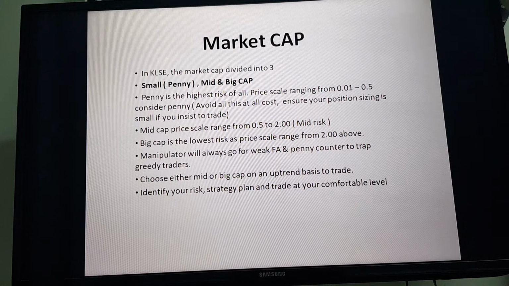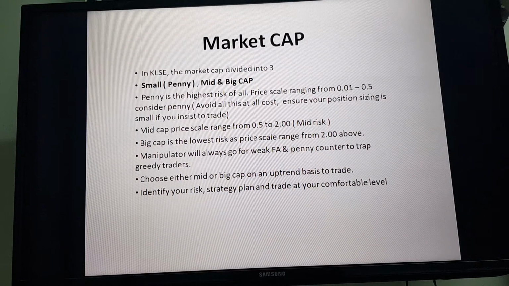I believe there's a lot more to earn on the mid and big cap, so that's why just choose mid and big cap. Penny, you can play, but insist your position sizing is quite small. On mid cap, the price range should be about 0.5 to RM2. Then the big cap, of course, the larger the cap, the lower the risk.